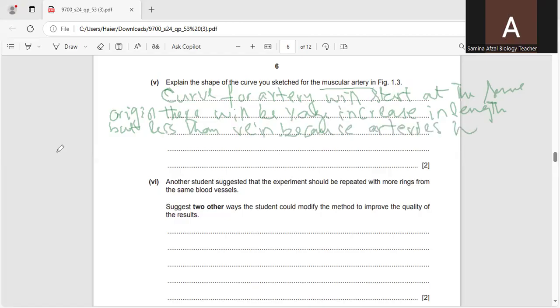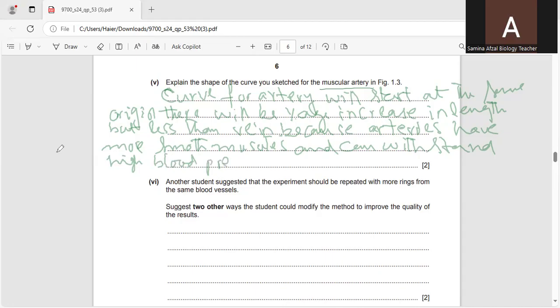Because arteries have more smooth muscles and can withstand high blood pressure, and stretching is less in comparison to vein.